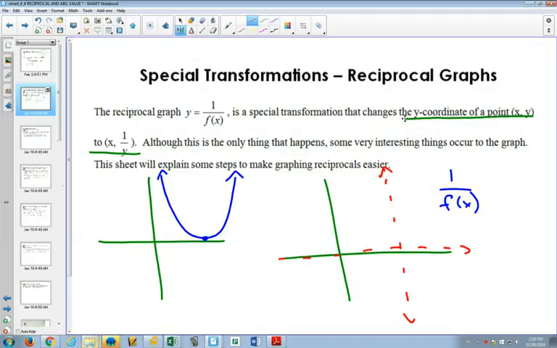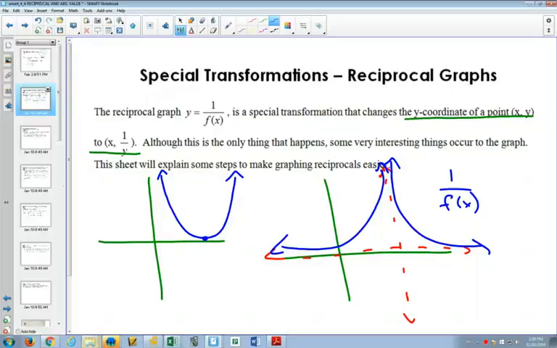It had a couple asymptotes, and then the graph went like this and like this. Even though all that's happening is your y value is changing to 1 over y, the graph that you get looks totally different than the graph that you started with. The new graph, the volcano graph, doesn't look like the parabola at all. But all we did was change one simple thing, the y coordinate, to 1 over y.